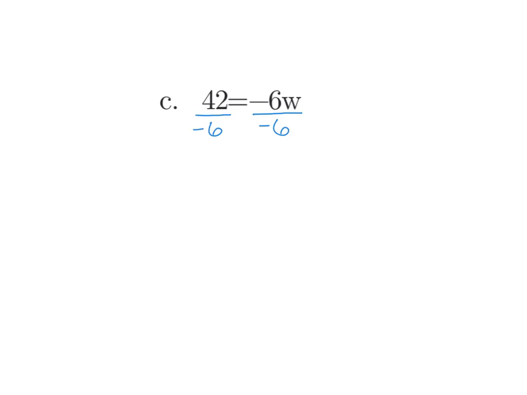So if we do this, we get 42 divided by negative 6 is negative 7. On the left side, my 6's cancel, my negatives cancel as well, leaving me with just w. So we get w equals negative 7 for our solution.